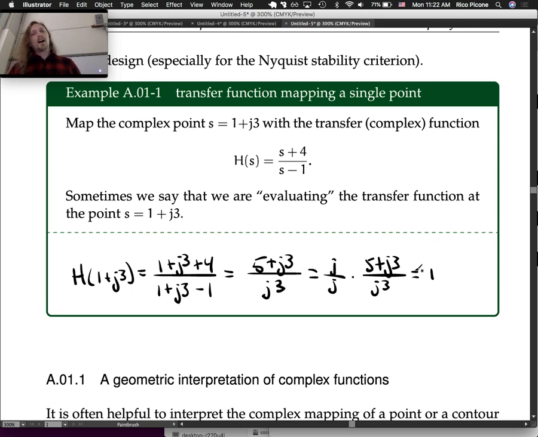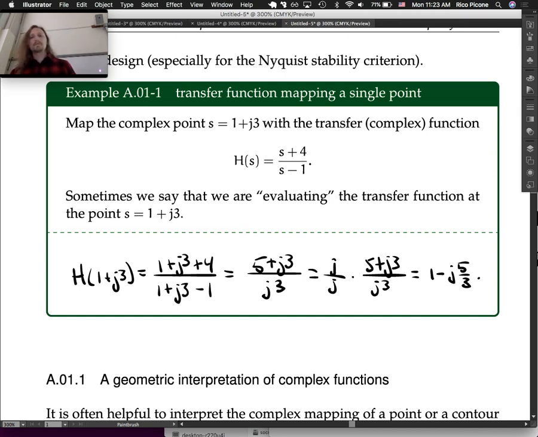Then the other term is j times 5, so that's the imaginary part, still divided by -3. So negative j5 over 3. And that's going to be our rationalized version of that. Not too bad. I think we all could have done that before this lecture, but I'm trying to convince you that, yes, the transfer function is a complex function.